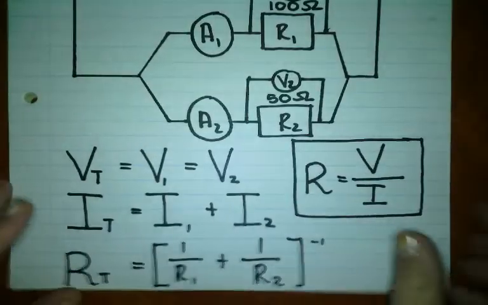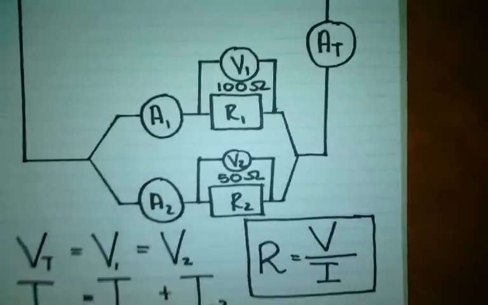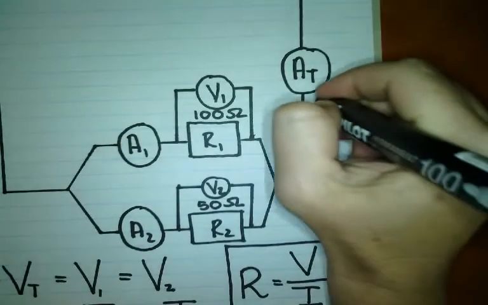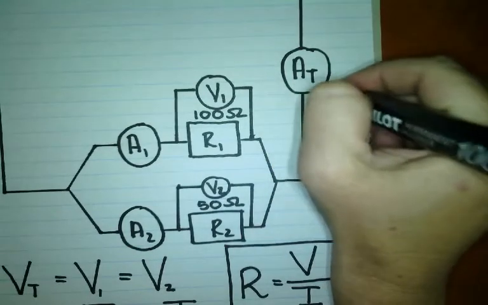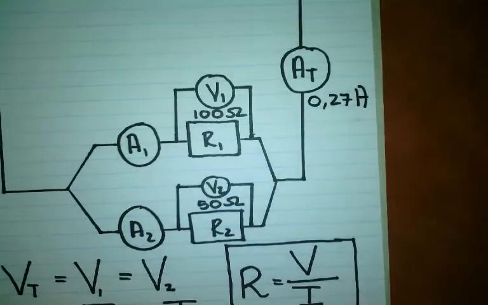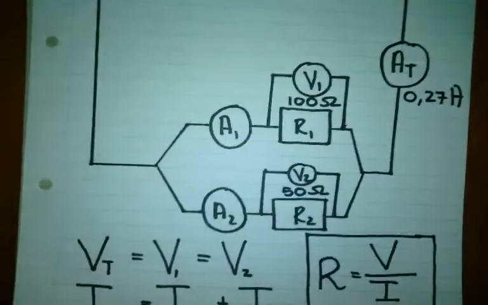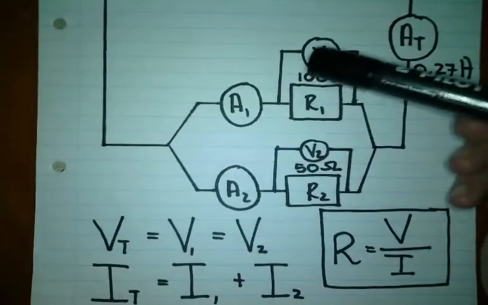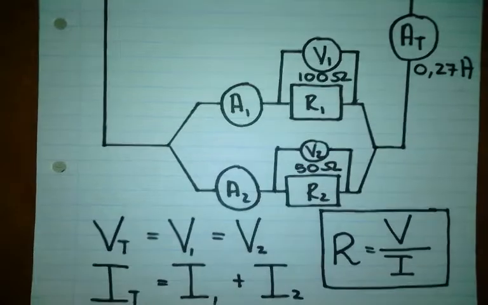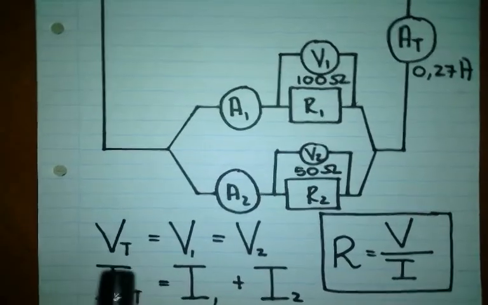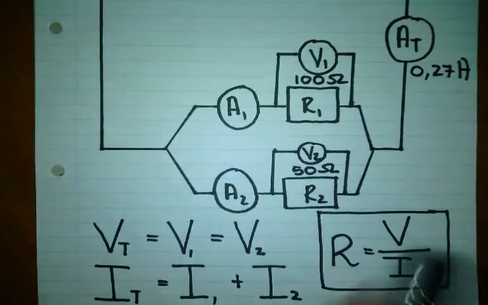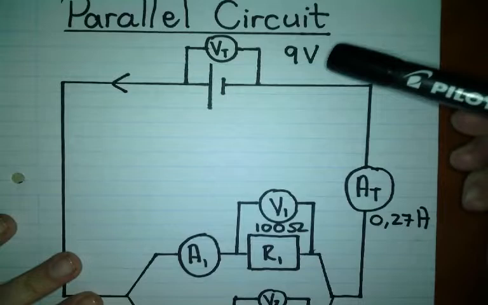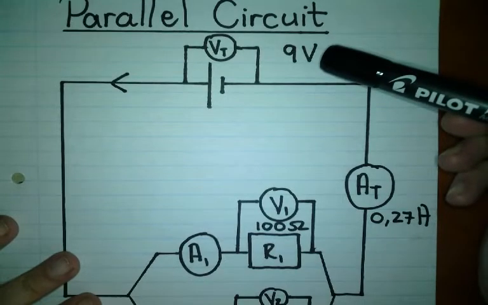Okay, next up, I'm actually going to take that current I've just calculated and write it in here so that I have it in my diagram as a reference point. Now, for series circuits, I asked you guys to calculate V1 and V2. But because we have this mathematical relationship here, I can't ask you to calculate V1 and V2.